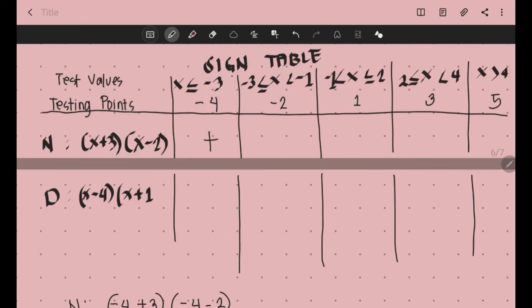So, it will represent the possible values of x that is less than negative 3 or below negative 3. Anong ibig sabihin nun? Lahat daw ng values ni x na mas mababa sa negative 3 will result the numerator a positive.